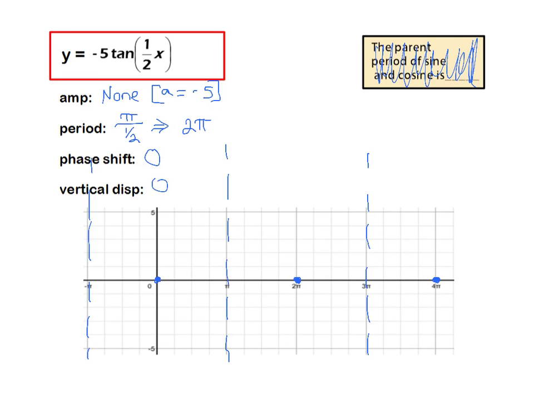Our nice, pretty, positive slope waves are actually going to get reflected. They're going to actually flip and go like this, which is going to make it look like a cotangent graph, but that's okay. And then the 5 is a vertical stretch, so our nice wave here that kind of flattens out and goes on is going to have some vertical stretch to it and not be quite as wavy and straighter looking. Let's go ahead and sketch it.